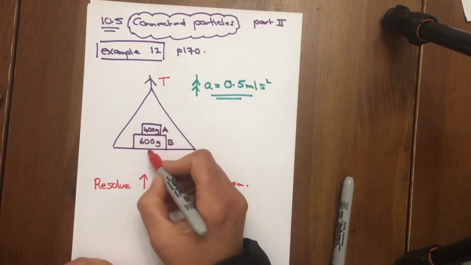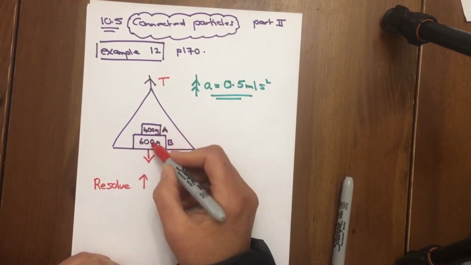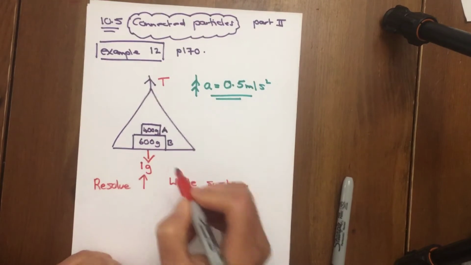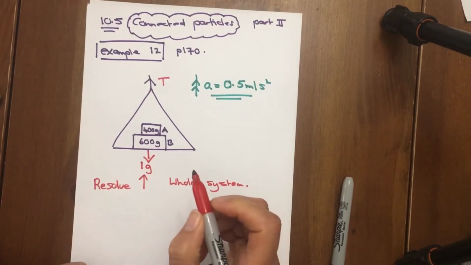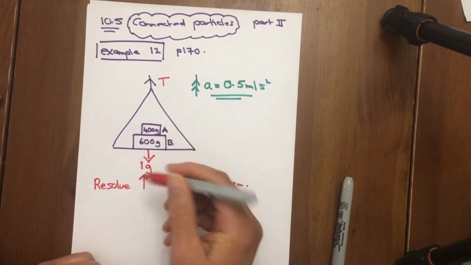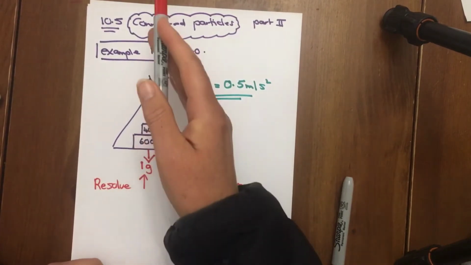Well, we've got the weight of these two together. So that's 1 kilogram. So my weight going downwards will be 1g. Weight is mass times acceleration due to gravity, 1g. So that's my weight going down, and all I've got going up is my tension.